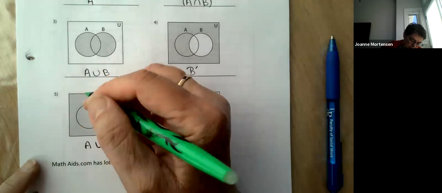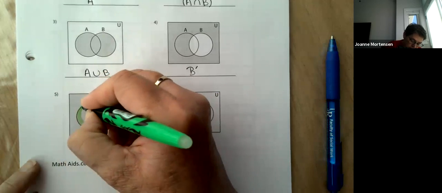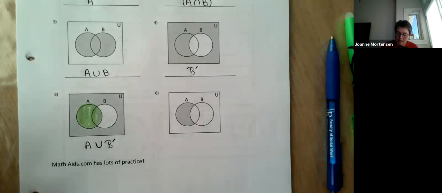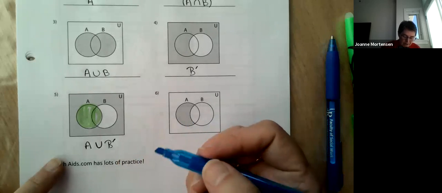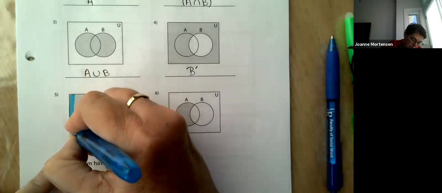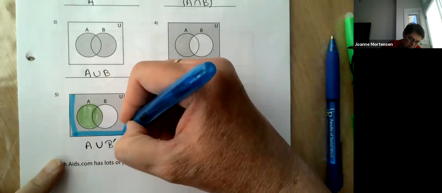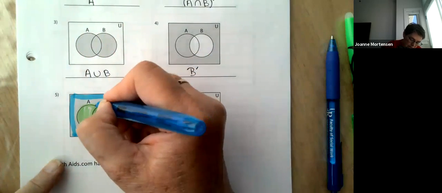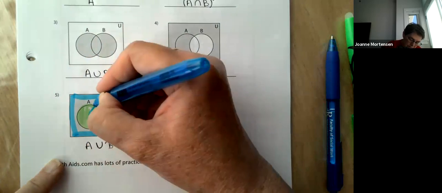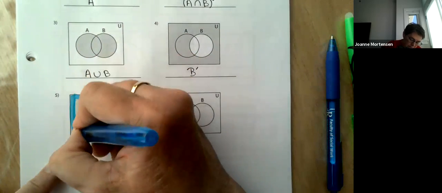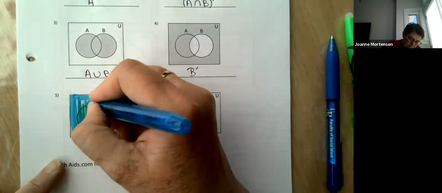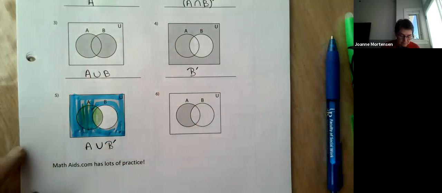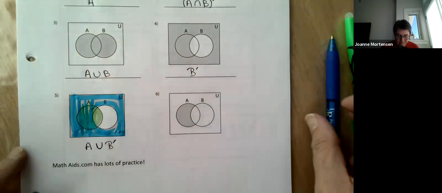So this is A, then B prime, which is everything but B. So that worked, right? Because that's what was colored.